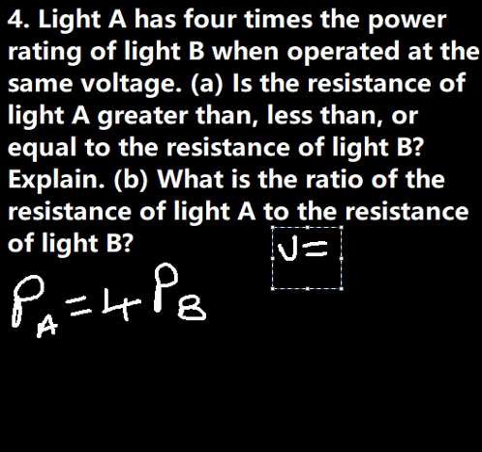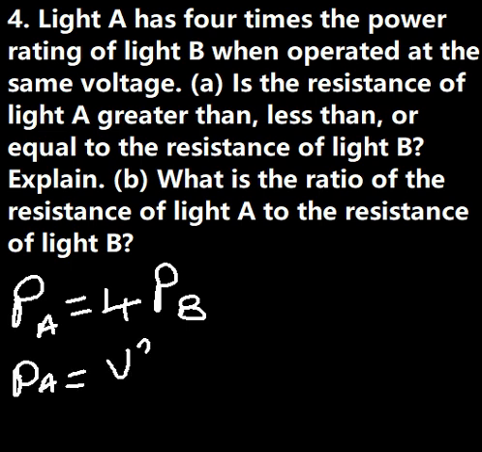So the other question says, what is the ratio of the resistance of light A to the resistance of light B? What is the power for light A? The power for light A will be given as V squared over RA, where RA is the resistance for light A. And what is the power for light B?